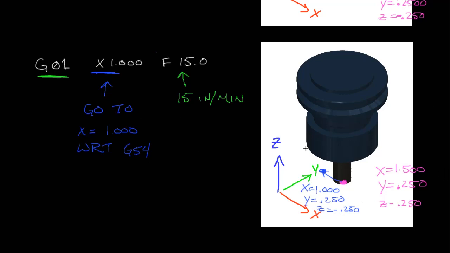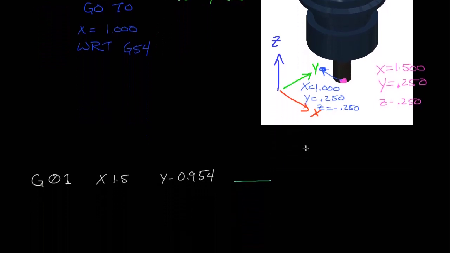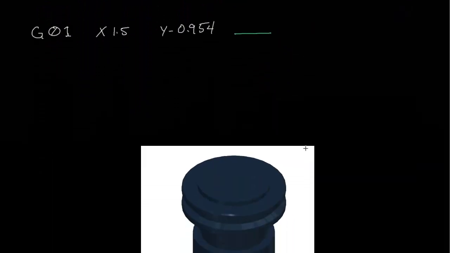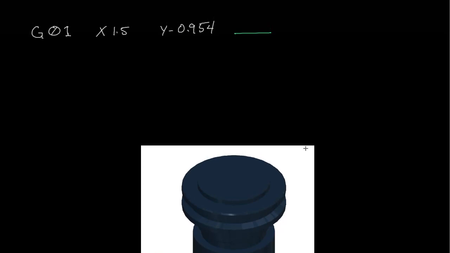All right, so let's look at one more case here. So here we see that we're using our linear interpolation motion, a G01, and we're saying to go in an X direction and a Y direction. So what's going to happen is the tool is going to go on a diagonal.